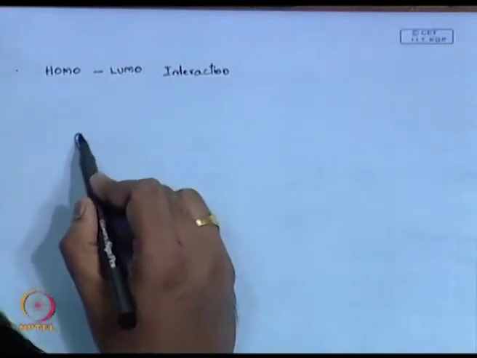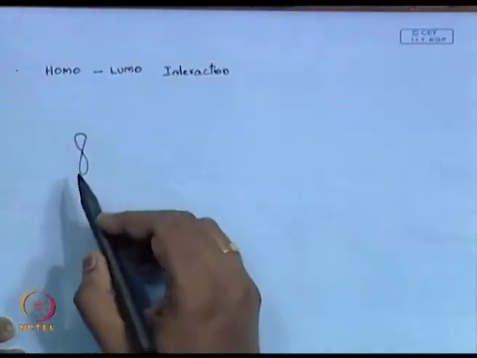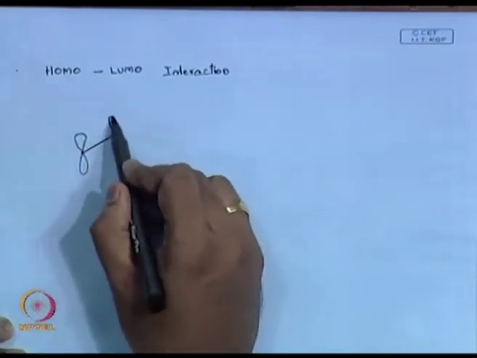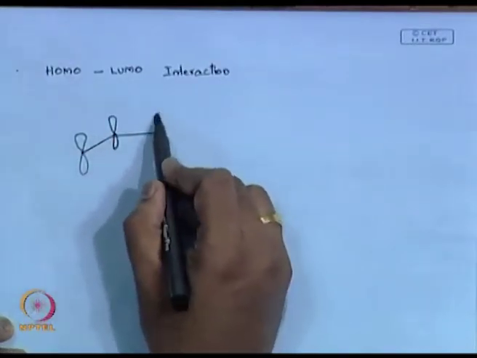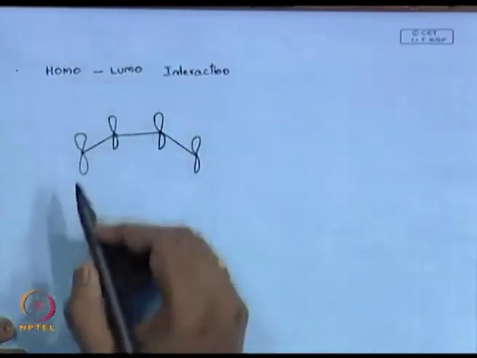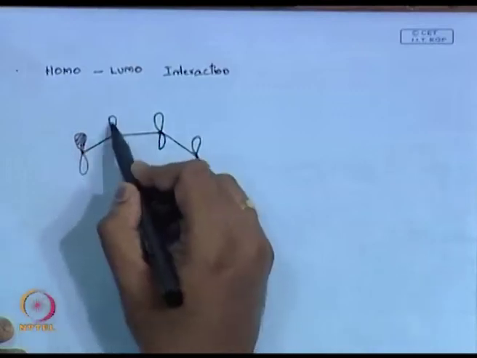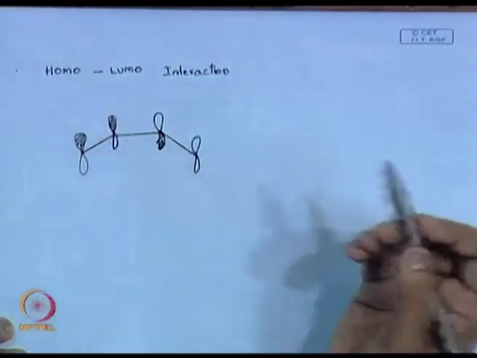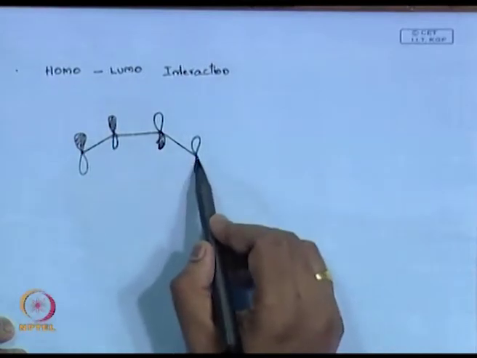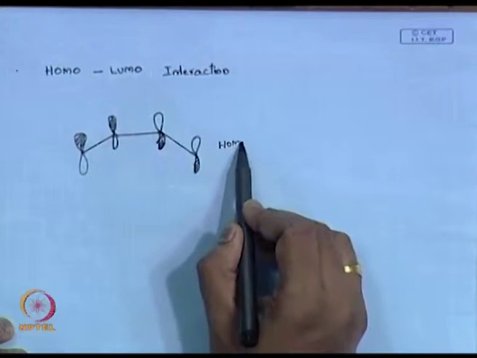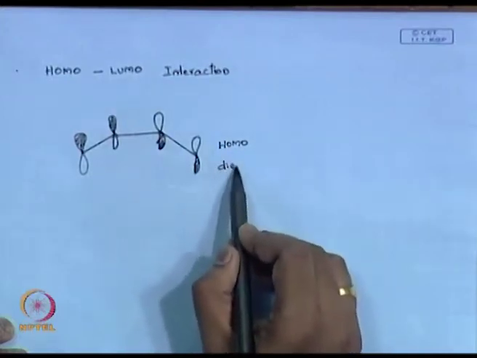You basically take the HOMO of your diene, so this is the HOMO of your diene.